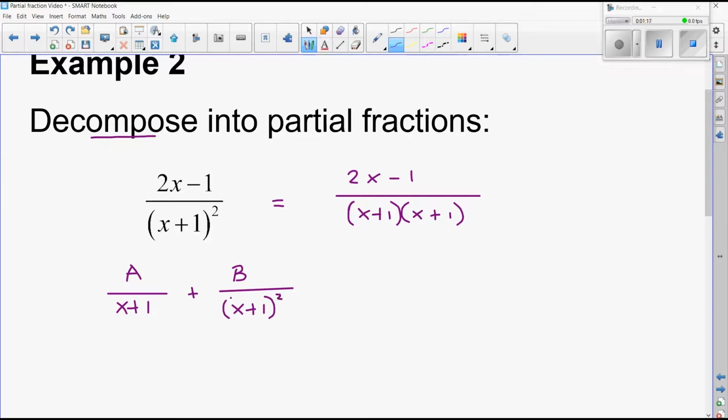The reason I'm doing this is that if I want my final denominator, once I've added the fractions, to be (x + 1)², then one of the denominators has to be (x + 1)². And this once again gives me the fraction (2x - 1) over (x + 1)(x + 1).